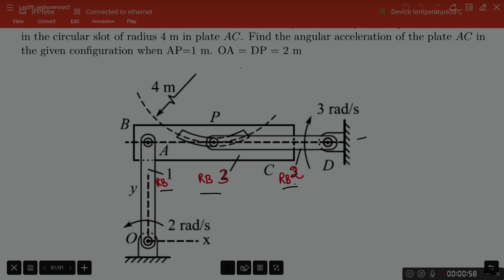If we look at the right hand side, one of the members of the assembly is constrained by a pin joint at D. On the other side, the member OA of the assembly is constrained by another pin joint at point O.